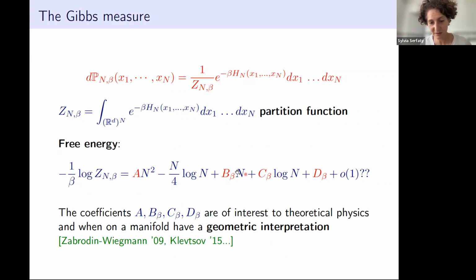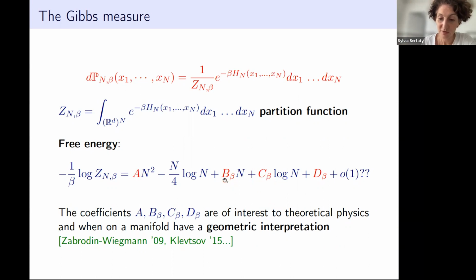And again, there are conjectures about expansions of this thing in powers of N, just like for the minimal energy on the sphere. And these coefficients now depend on beta. They come with physical interpretations. In theoretical physics, they are related to field theories, and they also have a geometric interpretation that I won't have time to discuss.